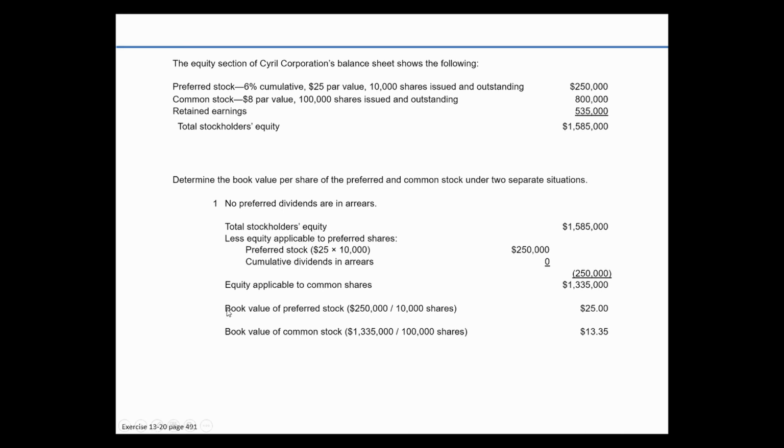Then we would take the book value of the preferred stock, which is $250,000 divided by the number of shares outstanding, giving us $25 par value. And the book value of the common stock is 1,335,000 divided by the number of shares outstanding, 100,000, which gives us $13.35 book value per share of common stock.